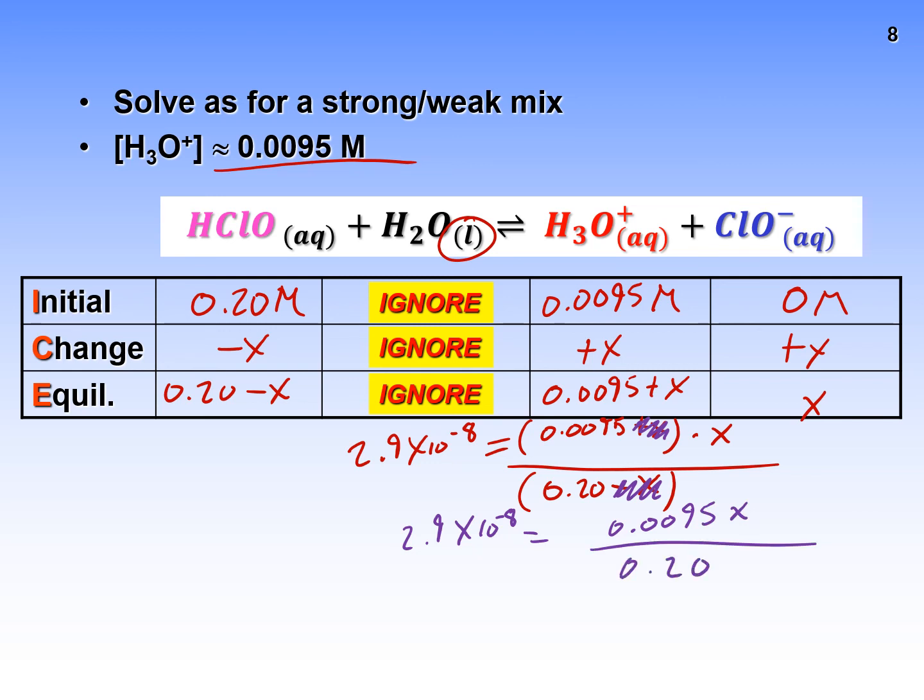And this is a pretty simple equation to solve for, right? We can just multiply both sides by 0.2 and divide both sides by 0.0095. You're going to get that x is equal to about 6.1 times 10 to the negative 7, which is super small.